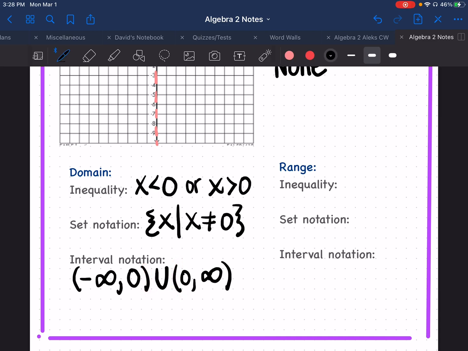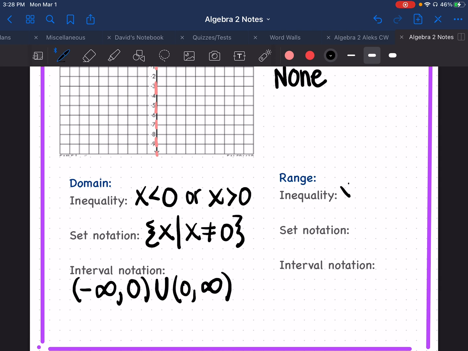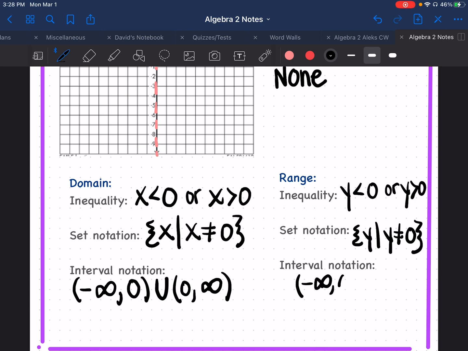To find my range, I'm just going to use my y, and it's 0 as well, so I'm going to say y is less than 0 or y is greater than 0. My set notation is going to look the same, except I'm going to change my variable to y, because that's the range. And my interval notation will look exactly the same because they're both 0.